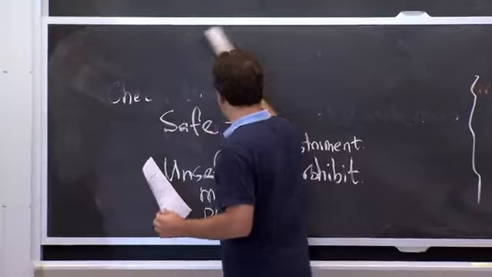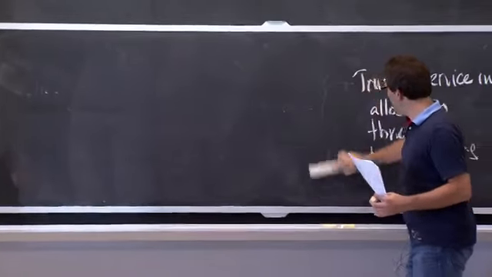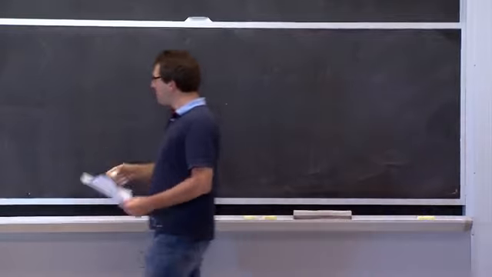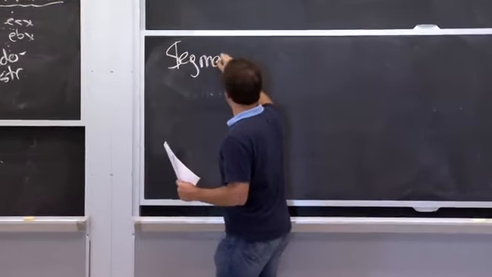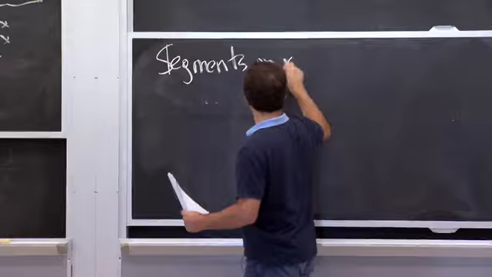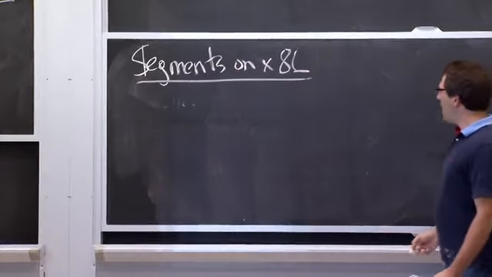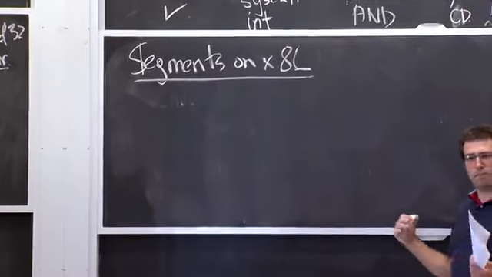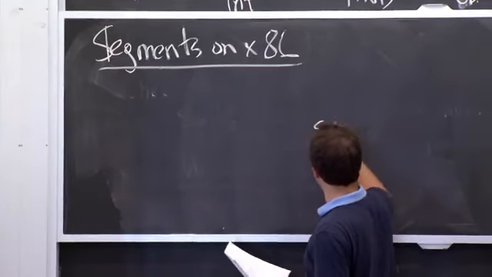It's sort of left over from the days before x86 even had paging. The way it works is that whenever a process is running, there's a table maintained by the hardware that's called a segment descriptor table.